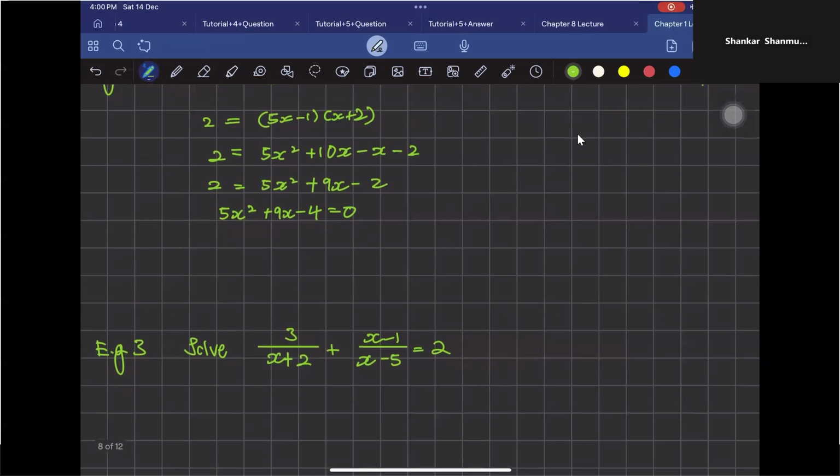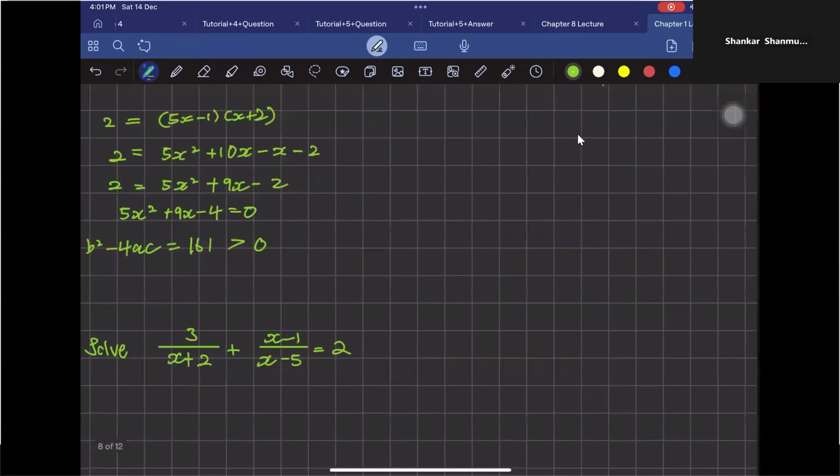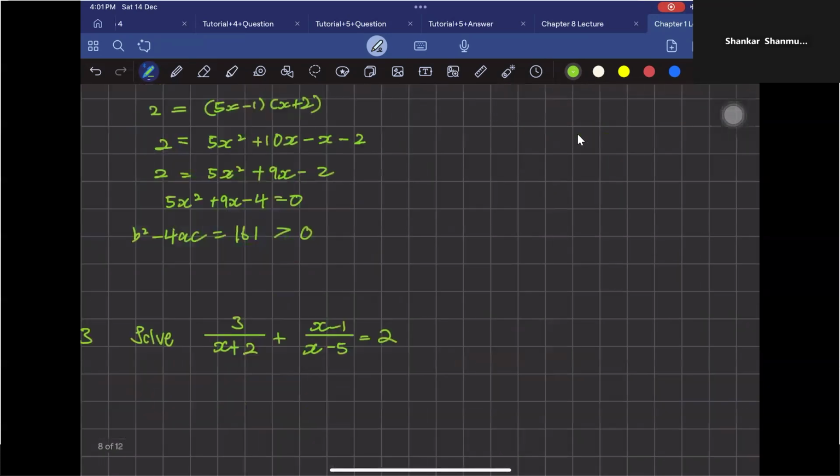Okay. So if you do formula method, the first step is to check b square minus 4ac. In this case it is 161, which is more than 0. So now you can just sub into the formula. So x equals to minus b plus or minus root of b square minus 4ac over 2a.